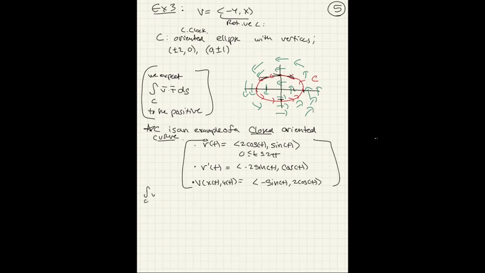So we're doing the integral over C of v dot T ds, which is equal to the integral from 0 to 2 pi of v of x of t, y of t dotted with our r prime of t dt. So this is the integral from 0 to 2 pi of negative sine, 2 cosine, dotted with negative 2 sine, comma, cosine.